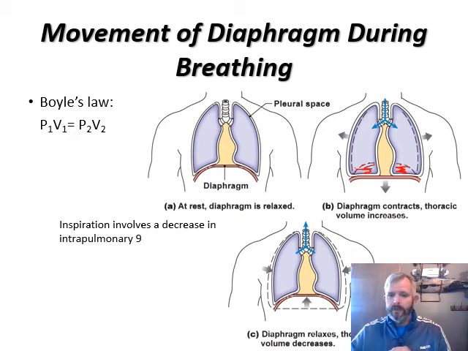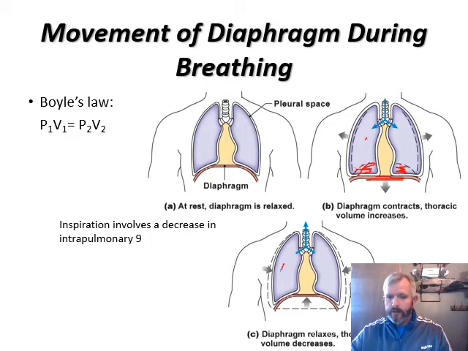What happens when our diaphragm relaxes? Remember, our lungs are elastic. They want to recoil. The lungs are stretched even further, and when the diaphragm relaxes, the lungs recoil back into a smaller volume.